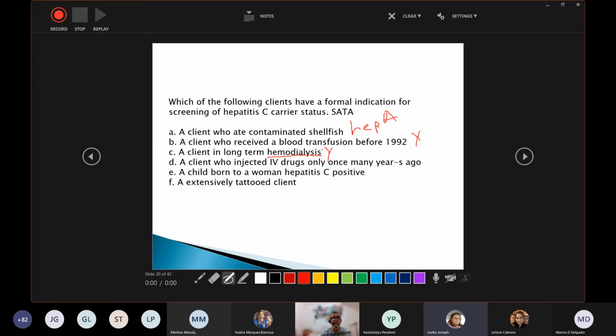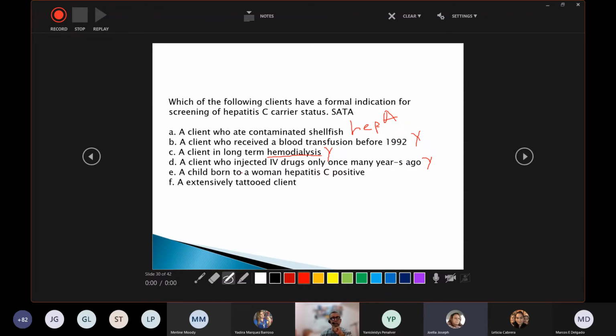So it's a yes. A client who injected IV drugs only once many years ago should be investigated? Yes. Of course. Once could be enough. So IV drug use is another risk for hepatitis C.